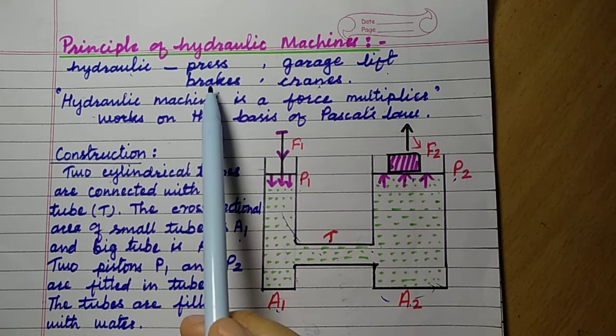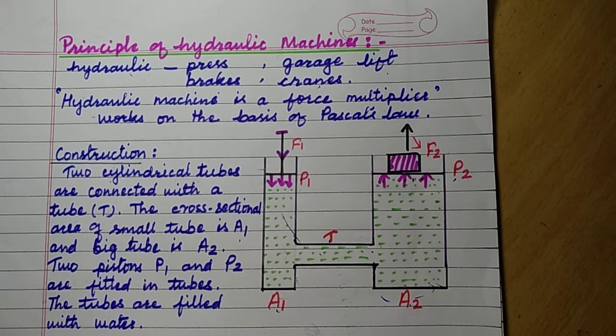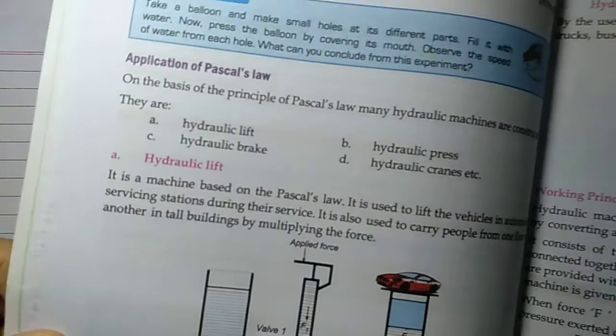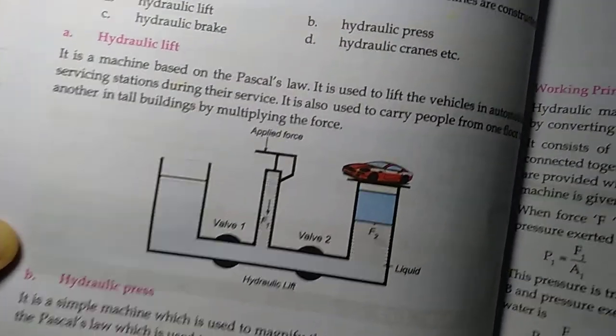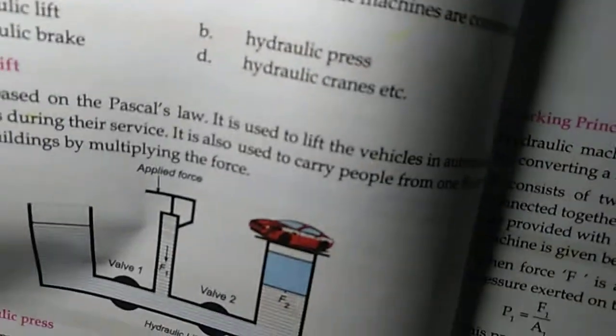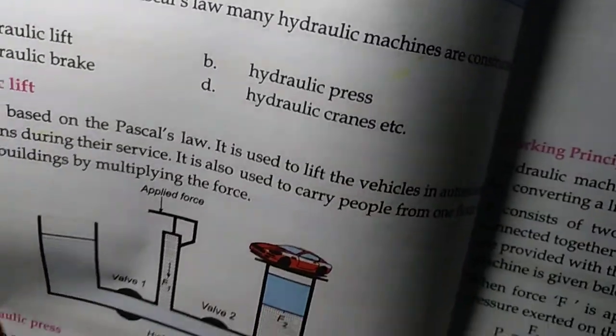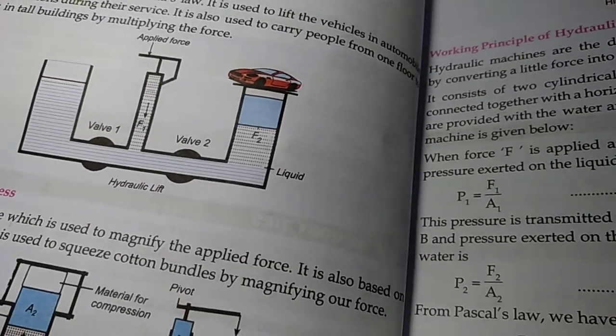And hydraulic cranes are used to lift up heavy loads. Now these are the pictures. This is hydraulic lift and this is hydraulic brake, and this picture is of hydraulic press.